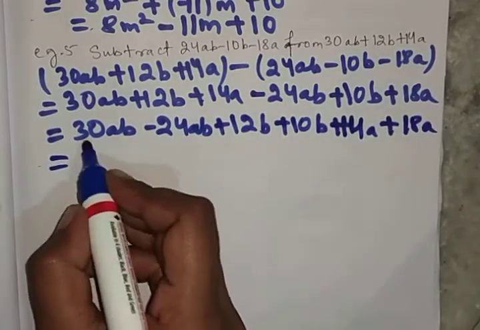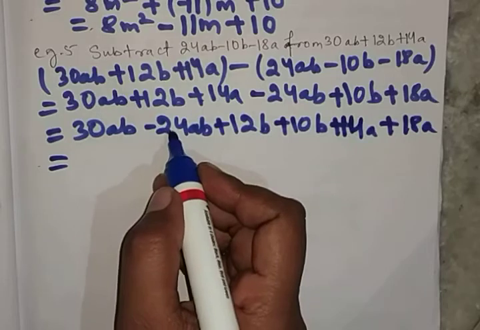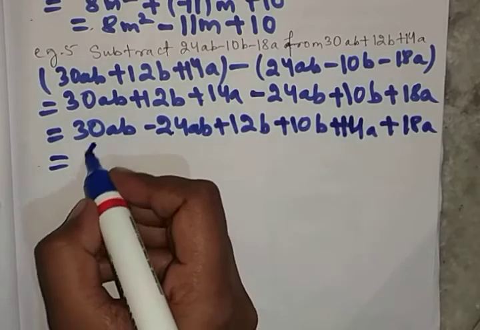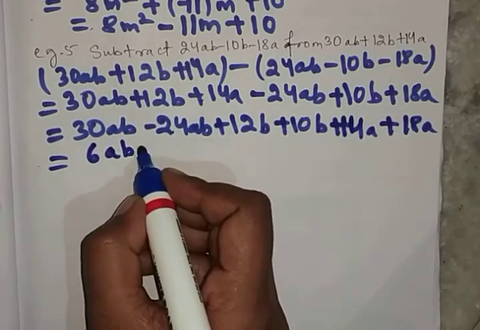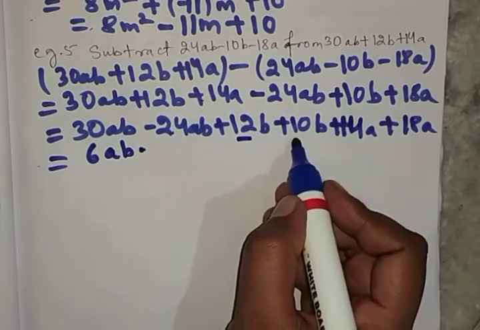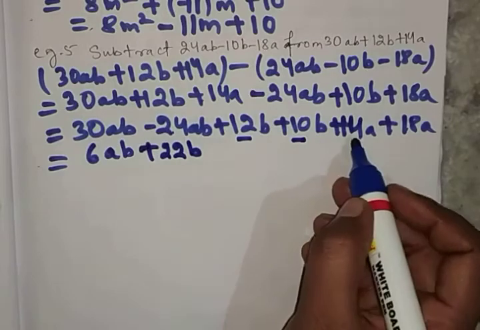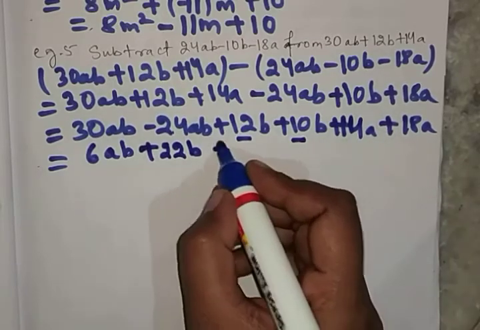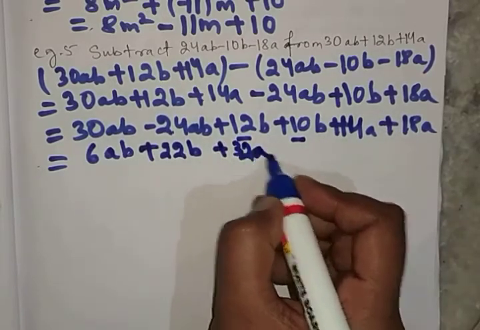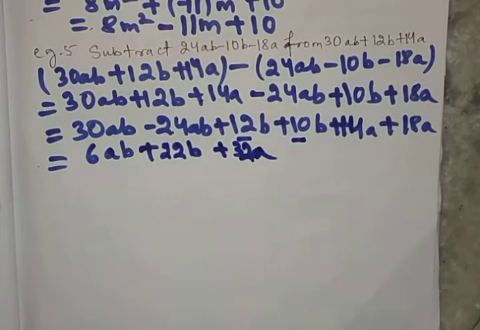Next, 30 minus 24 is how much? 6ab. Then 12 plus 10 is how much? Plus 22b. Then 14 plus 18 is how much? 32a. Okay, like that we can find the subtraction.